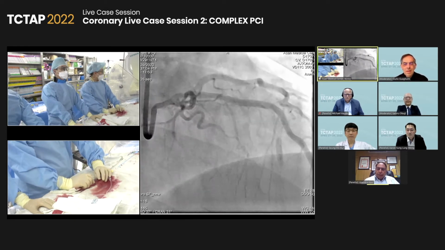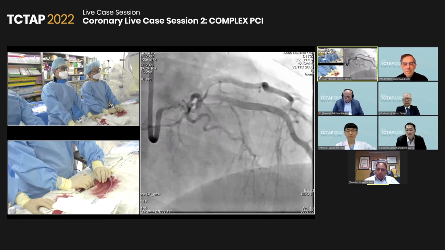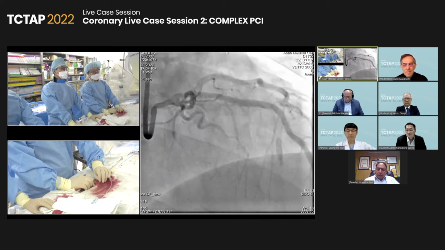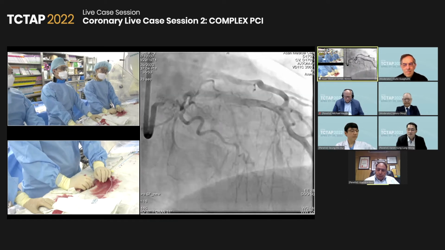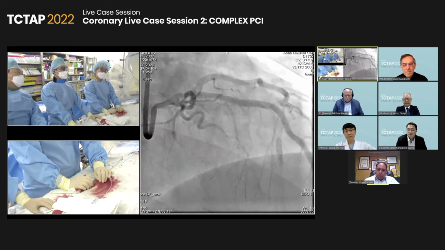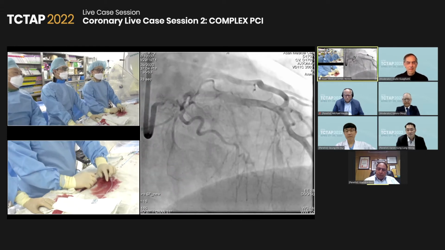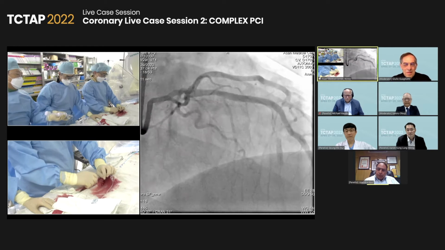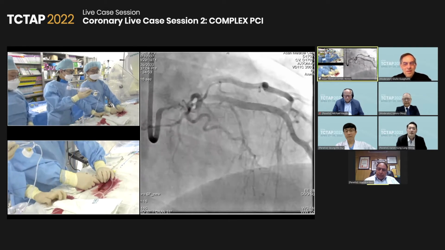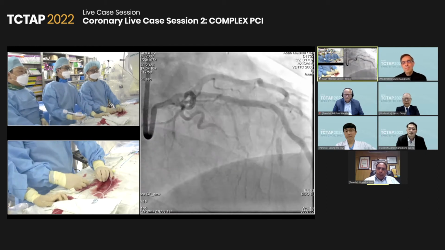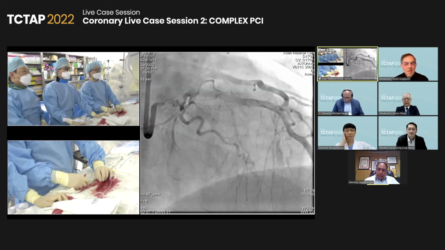Coming to the question of the circ, if you're putting in a stent, you're going across the origin of the circ. The FFR had clearly shown that it was normal, more than 0.90. Whether it is going to change after putting in the stent, with some of the plaque shifting towards the circumflex, in that case we could, after deploying it, recheck the FFR in the circumflex and see whether it has been compromised to less than 0.8, which is less likely.